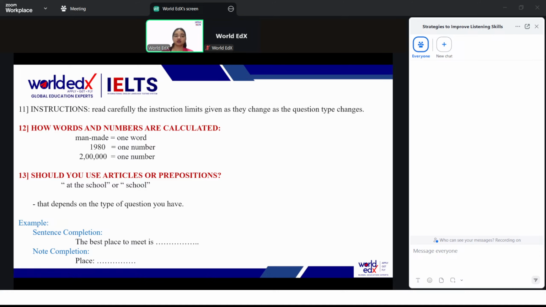So of course, at the school is something that you cannot write in note completion. In sentence completion, if you have the ability to write 3 words, you can write at the school. So again, to use articles or prepositions will differ from question to question. You will have to figure it out. So the more you practice, the better you will get at figuring out the answers.